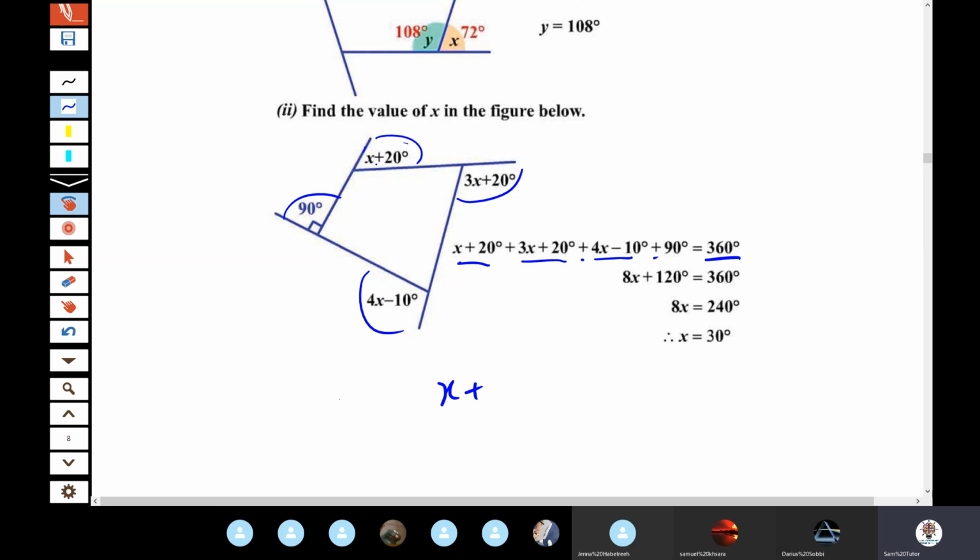What if you went, I want to do x plus 20 minus this, minus this, minus this, and you wrote it like this? You can tell straight away it's wrong. Because what it should have been is x plus 20 minus 3x plus 20 minus 4x minus 10, which becomes plus 10, and that becomes minus 20.